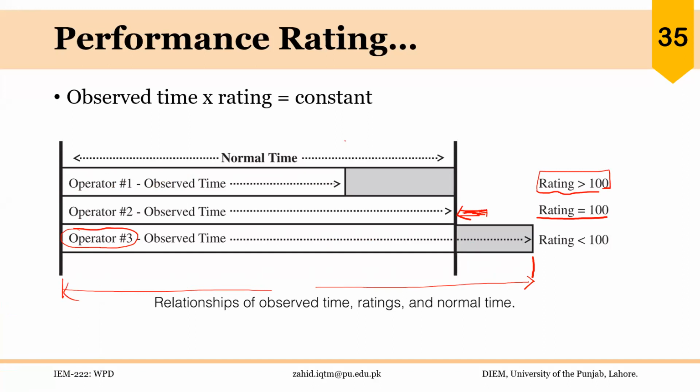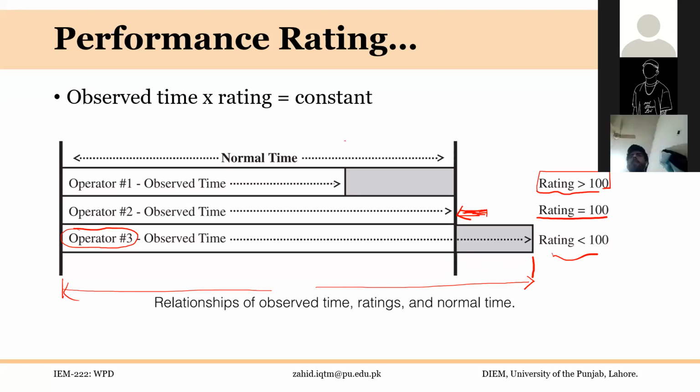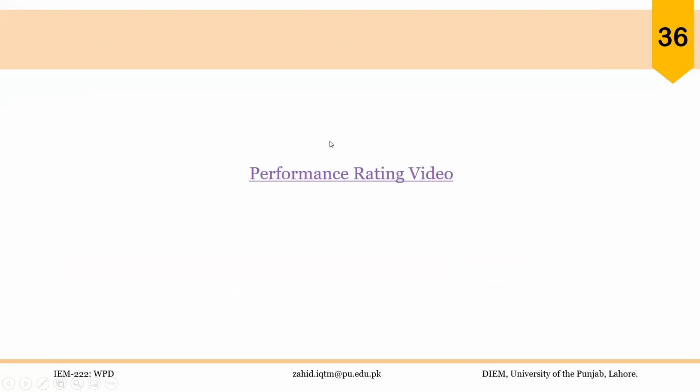So we assign a rating of less than 100 to reduce the time spent by this slow worker so that we come closer to the average trained worker. That is the basic idea of rating.